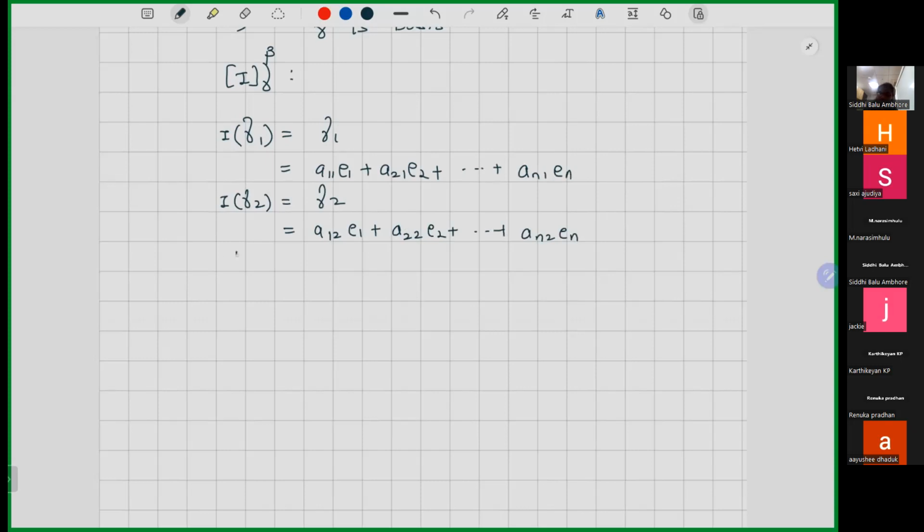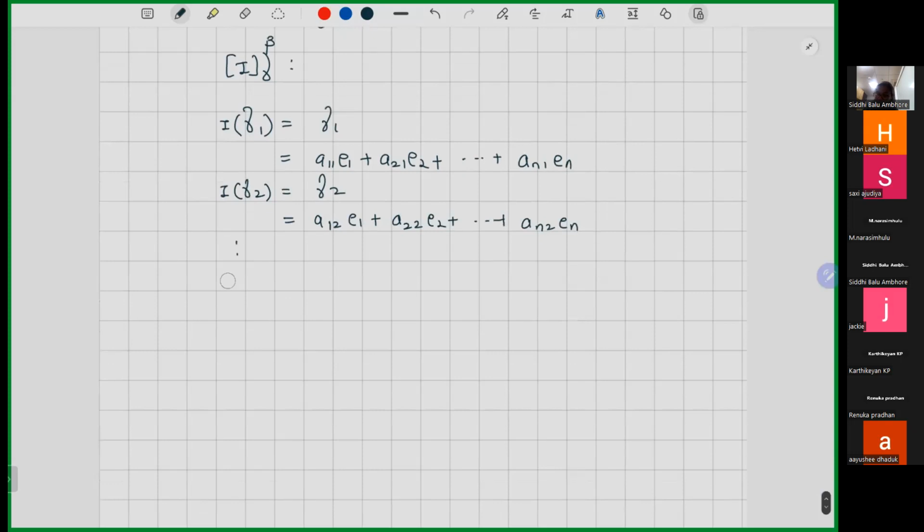Any doubts here? And similarly, I of gamma n will be gamma n, and which is A1n E1. I hope I'm writing this right. No, I'm not writing this right? Let us see what it should be. Or no, I was writing it right. A12, AN2, E2, and so on, A2n, A21. No, wait, A12.